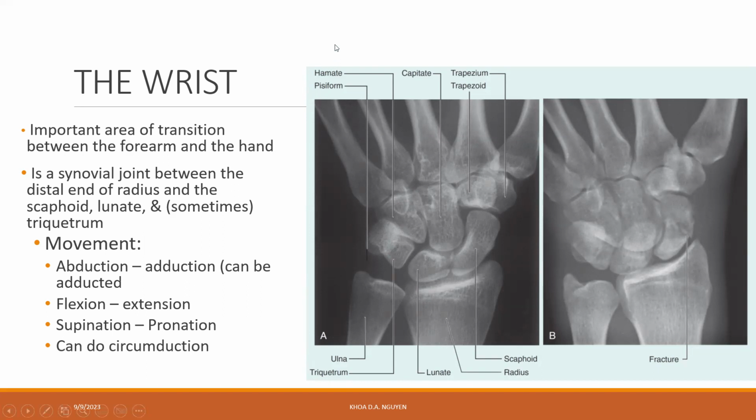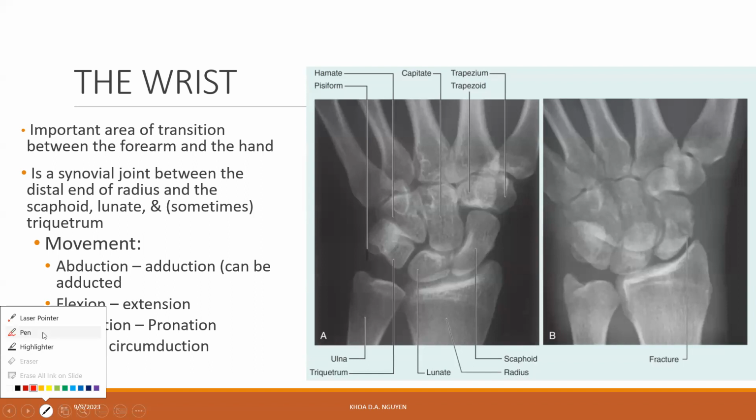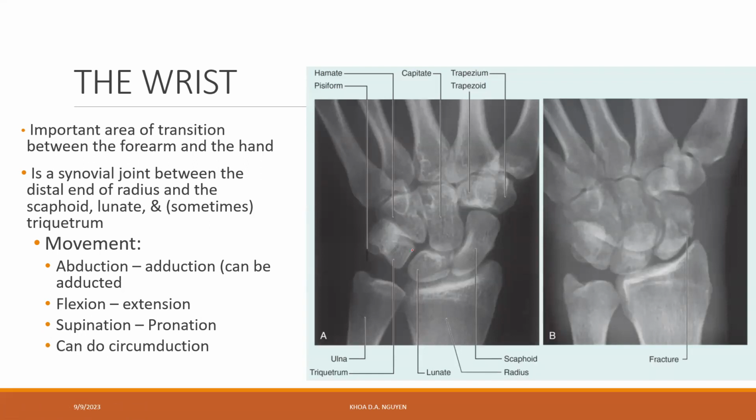All right. So now, one of the things that is important for you guys to know sometimes is the fact that the adduction and the abduction of this radial carpal joint is also called two other things, okay? Like, for example, adduction of the radial carpal joint is also called ulnar deviation.